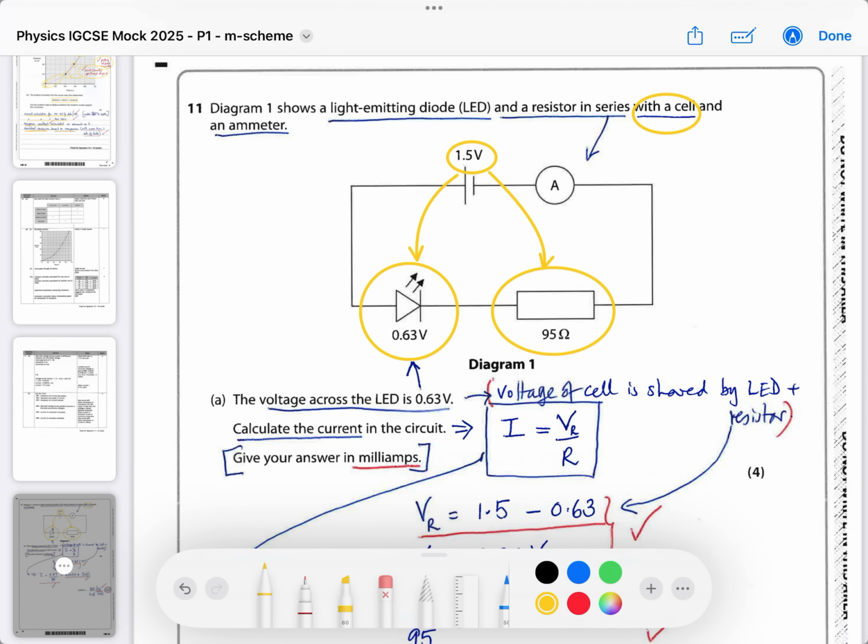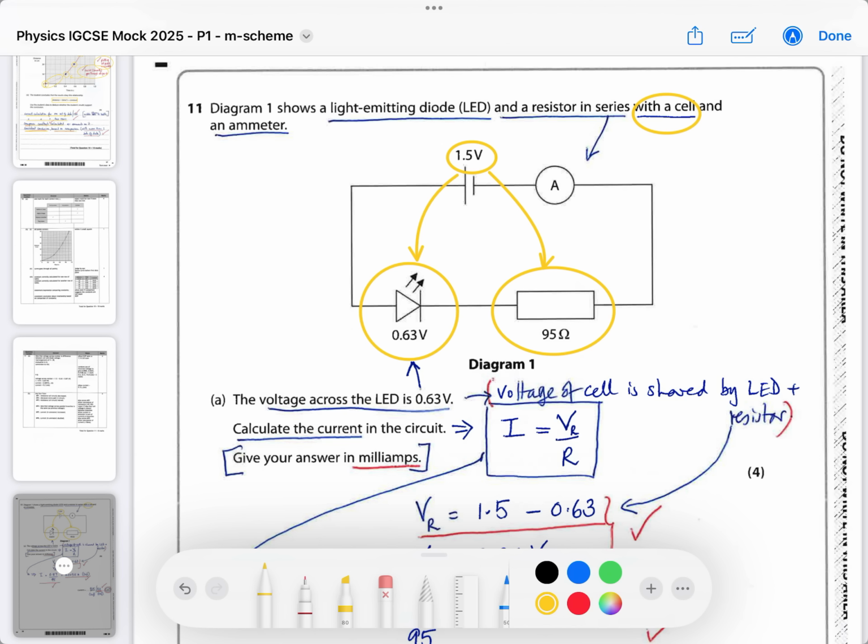So it tells you the voltage across the LED, and for resistances or components with resistance in series, they share the voltage. You know that from the circuit rules, and although they haven't spelt it out for you, that's what they expect you to do. Okay, so they want you to calculate the current in the circuit.